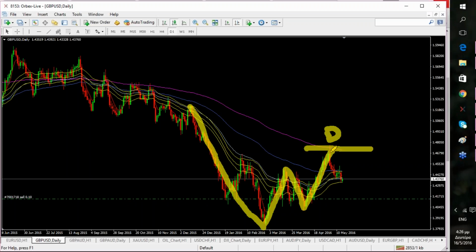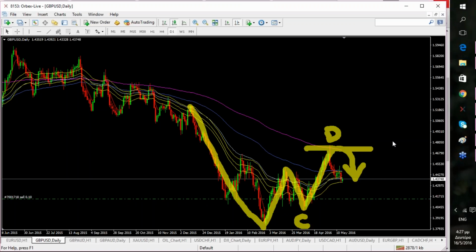Now it's making that downward move. That downward move could still be targeted at either 50% of this or 61.8 of C to D, to be your target, and it still remains at the same area. All right, so that is for the GBP dollar.